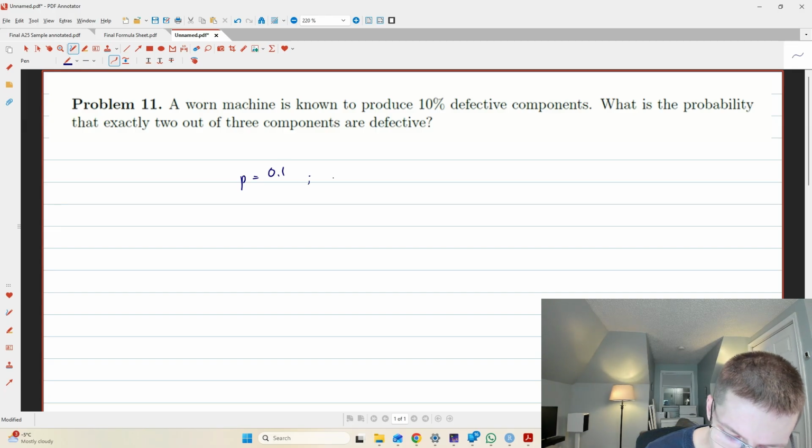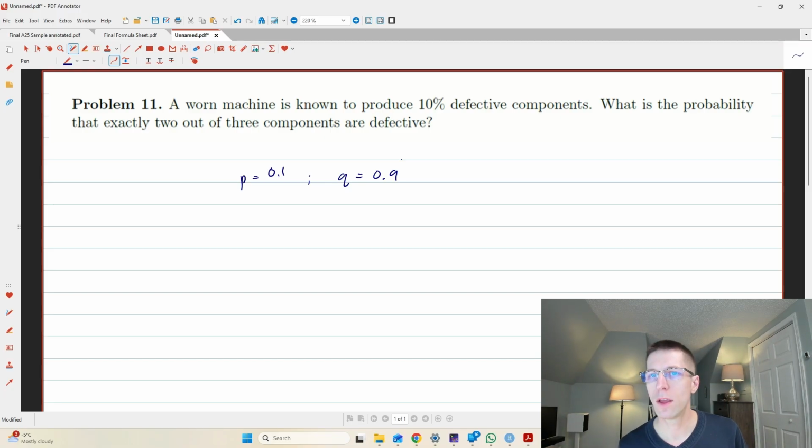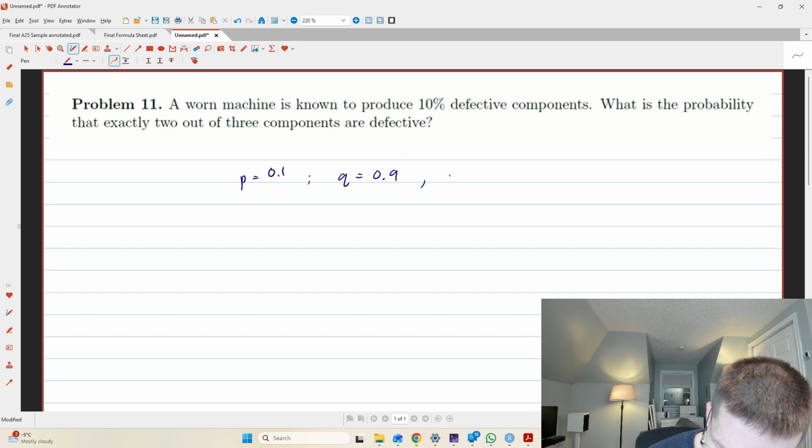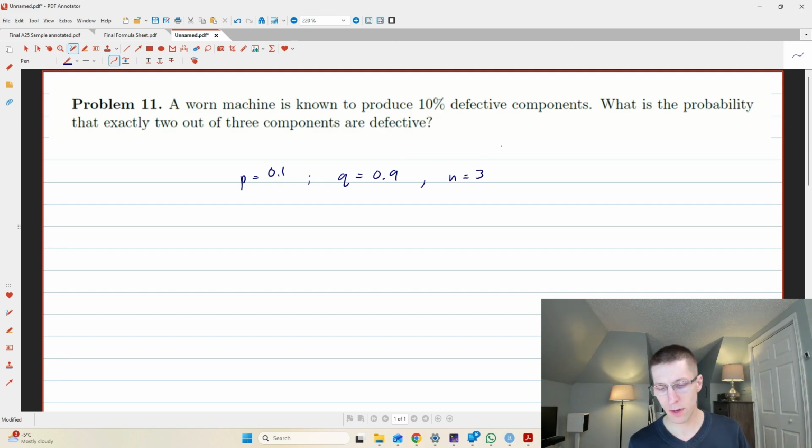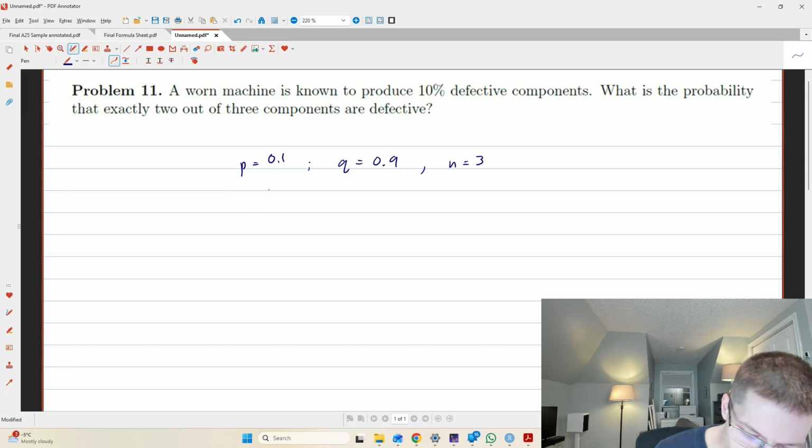And that means the probability of not having that property is 0.9. And we want P of 2 from n equals 3, 3 trials. So we're counting how many have this property. So that's a binomial.